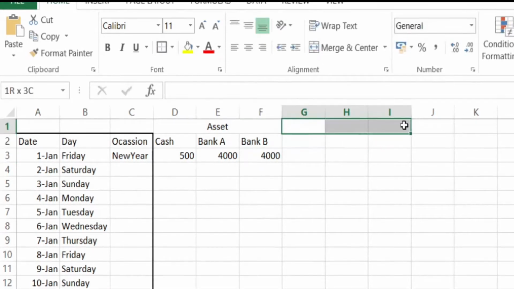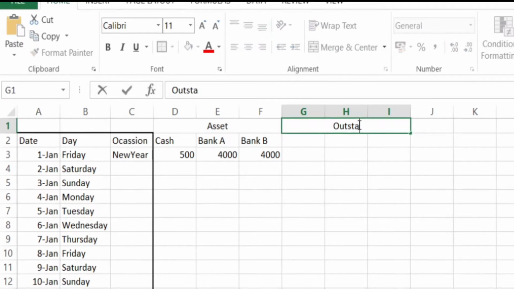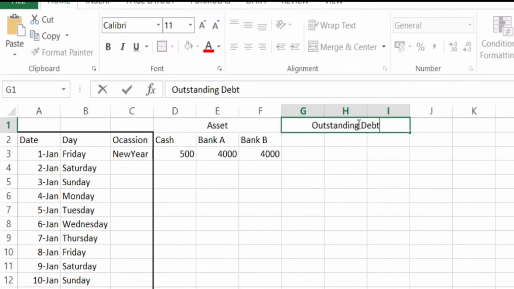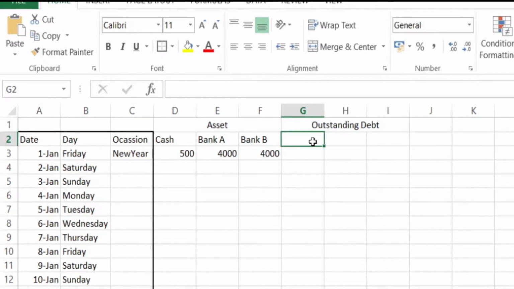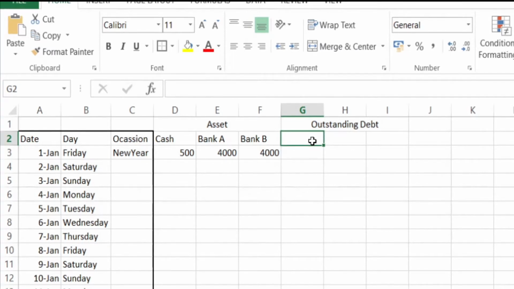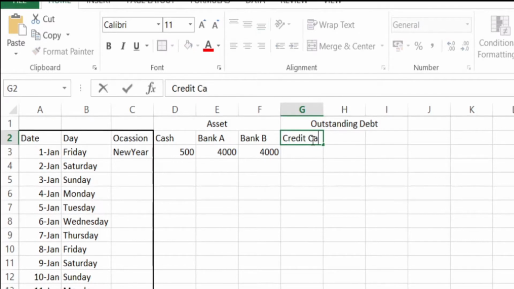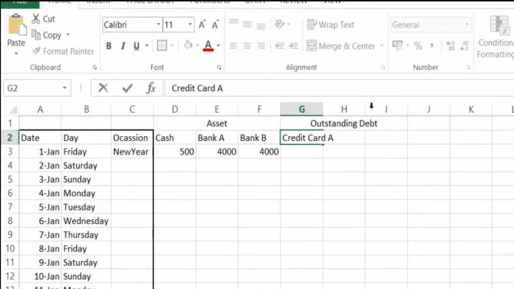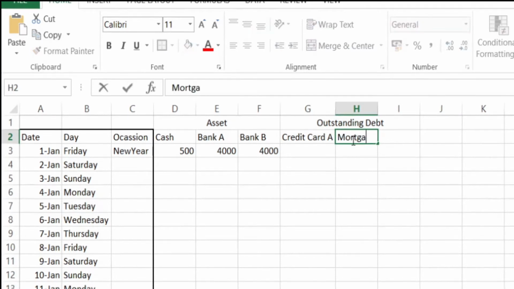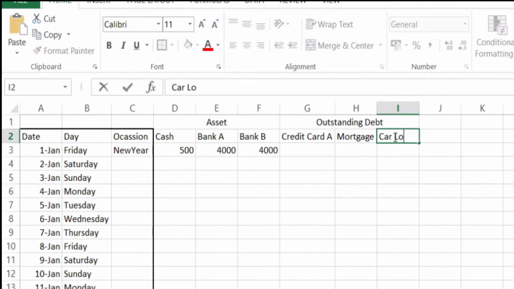Then there is your outstanding debt. Outstanding debt is not all of your debt, but the debt that you expect to pay in that month only. So examples of outstanding debt are credit card A, and then maybe a mortgage, and then a car loan.